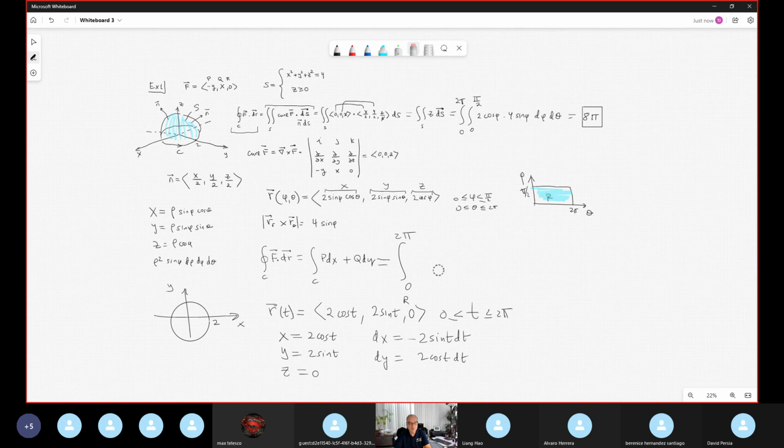But negative y is negative 2 sine t in the parameterization, multiplication by dx, where dx is minus 2 sine t again, dt.